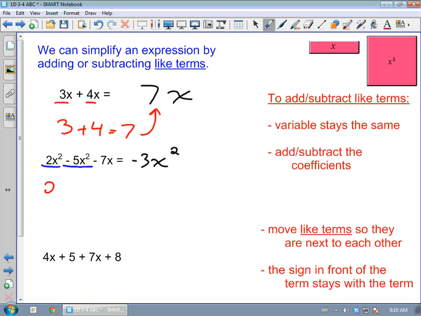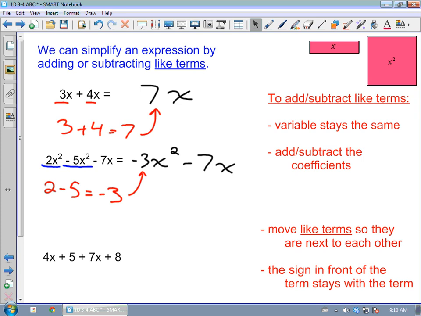Because we're doing 2 minus 5 equals negative 3. So these integer rules that we practiced back in Unit 1 are going to come in handy here. What do we do with this negative 7x? It's still here. We can't forget about it, so we just write it as negative 7x on the end. So 2x squared minus 5x squared minus 7x is the same as negative 3x squared minus 7x.